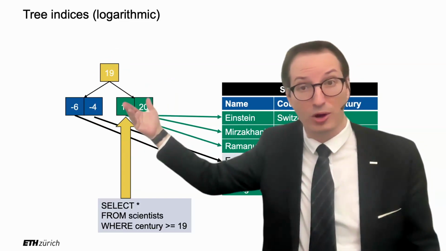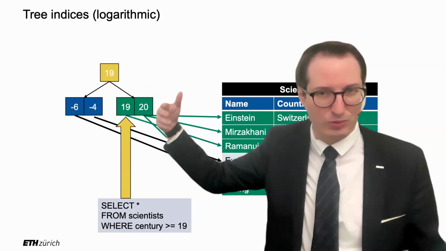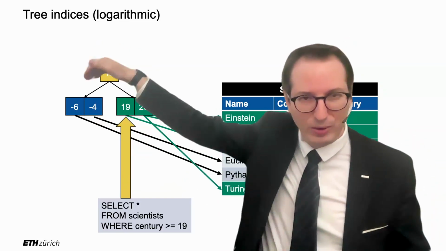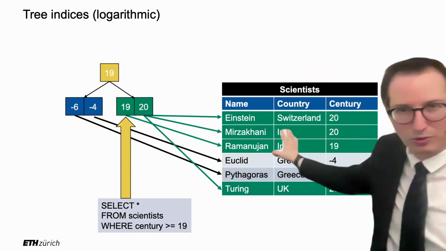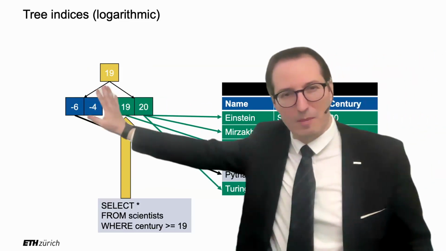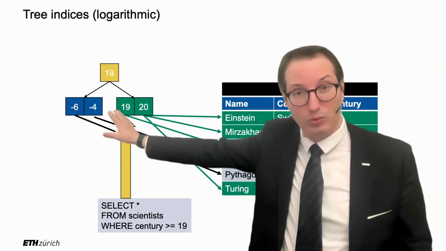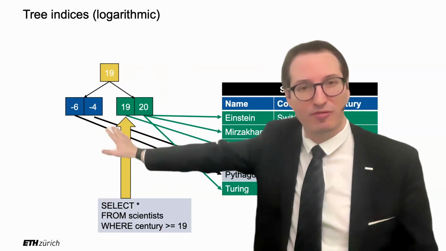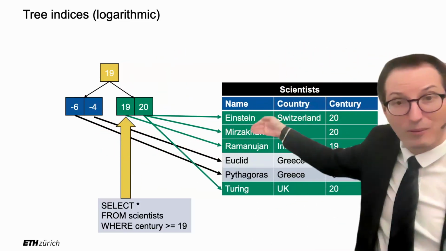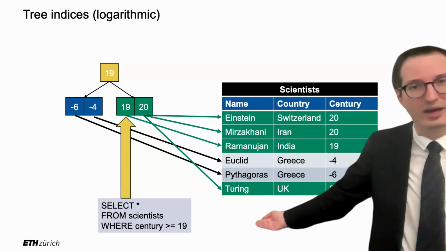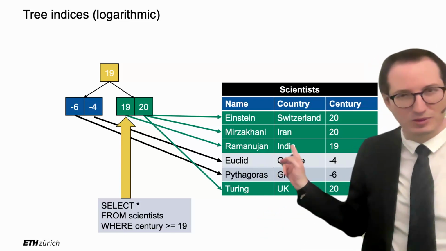It's just like looking up a word in a dictionary, right? And that's what we saw is logarithmic time. Very quick, we locate a value and then we follow the pointers. So by using this structure, we are basically considerably faster than if we had directly tried to locate a record in the table. So this is the idea.